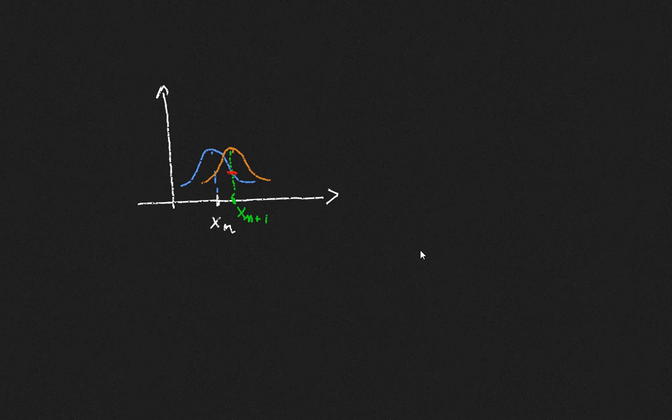The other way around, the probability of going back to xn is exactly the same, because these two Gaussians have the same sigma squared. So they are symmetric. And this is the Metropolis version. So you have the same probability that brought you from xn to xn plus 1 to go back to xn.